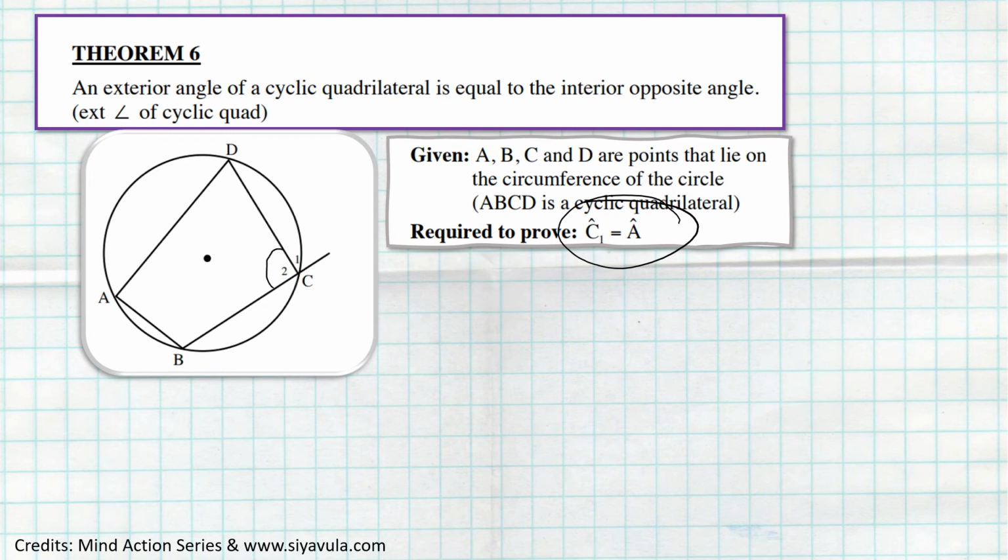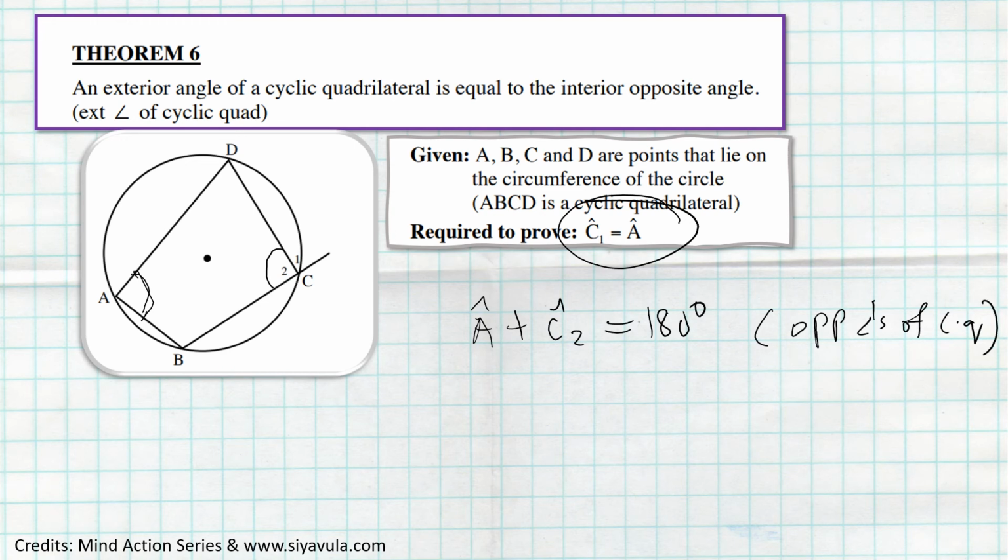We just proved that opposite angles of a cyclic quad are what? Supplementary, meaning that we can deduce that angle A plus angle C2 is equal to 180 degrees, right? Because these are opposite angles of a cyclic quad, and we know that they are supplementary.